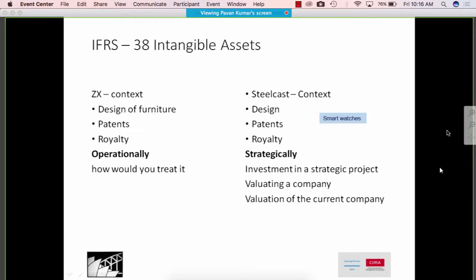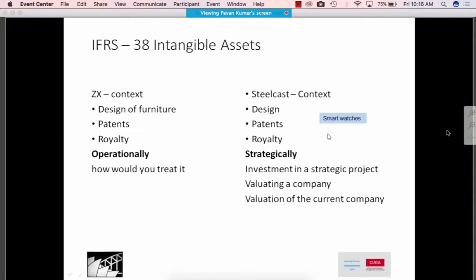Now, let us look at it from a Steelcast perspective, which is the strategic case study. How can you use IFRS 38 for Steelcast? We can probably look at the investment in a strategic project, which is an investment in introduction of smartwatches.